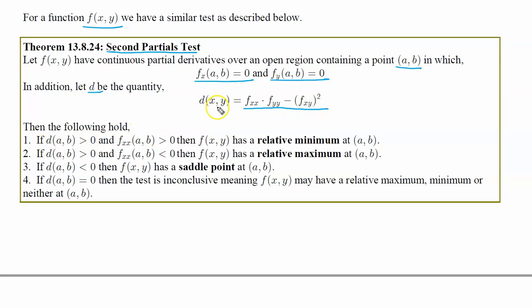Then, if we take our critical point (a, b) and plug it in here, if D(a, b) is positive and the second partial with respect to x at (a, b) is positive, then you have a relative minimum at that point. So, as you can see, this test is a little more complicated than the second derivative test. On the other hand, if D(a, b) is greater than 0 and the second partial with respect to x at (a, b) is negative, then you have a relative maximum.